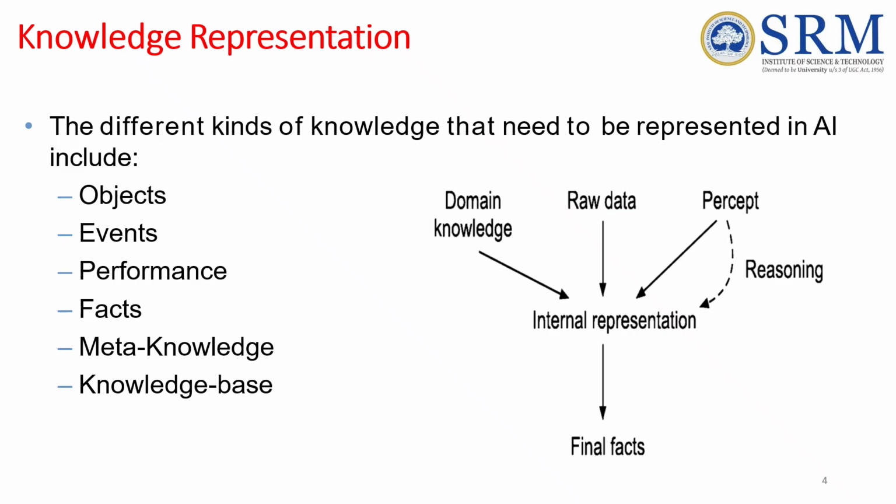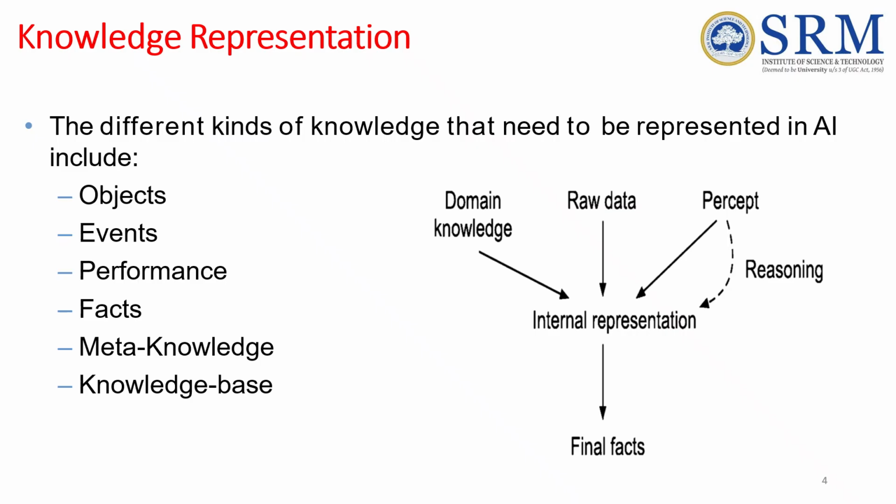Internal representation: the AI stores the domain knowledge, raw data, and percept in a structured format. This entire representation is called knowledge representation. It helps the system understand and organize the information.